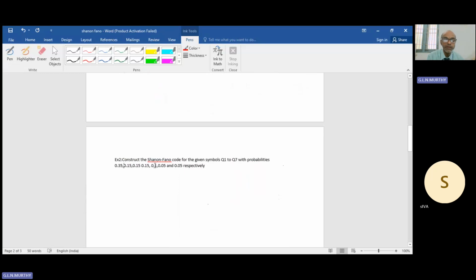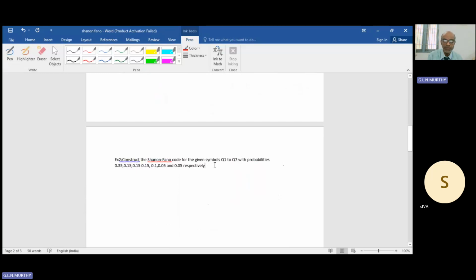Check once. Let us verify, because we have a condition, don't forget: the sum of all probabilities must be equal to 1. 0.65, 0.8, 0.9. Right, done.